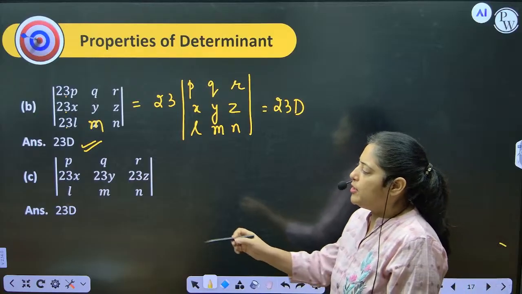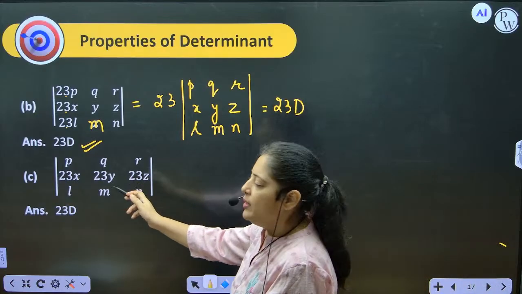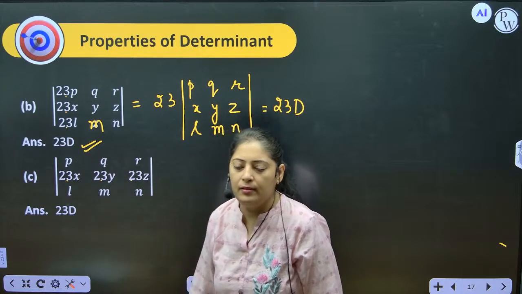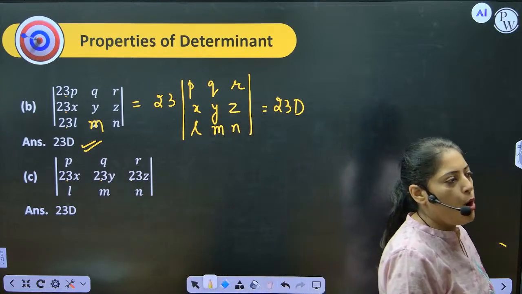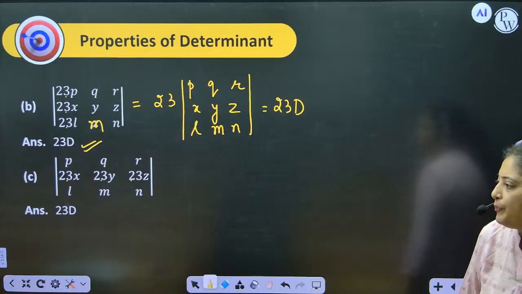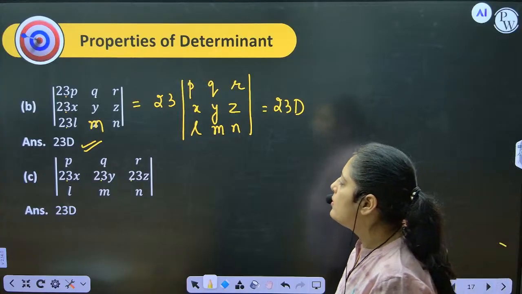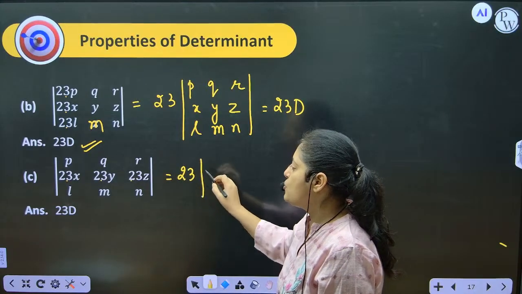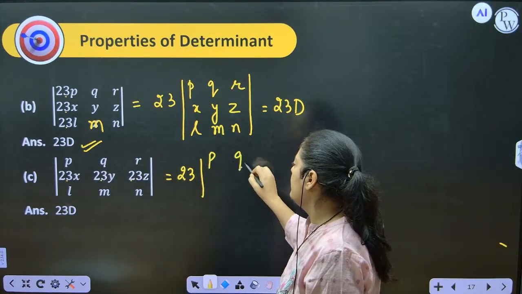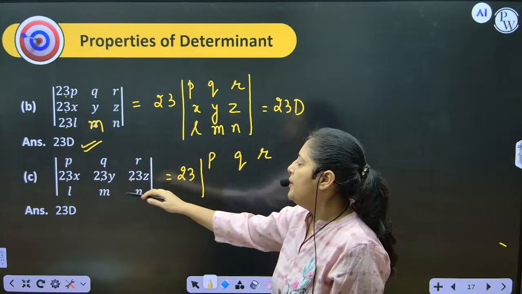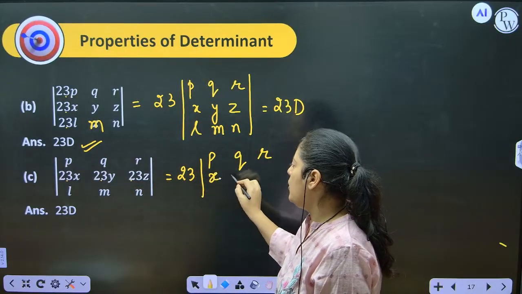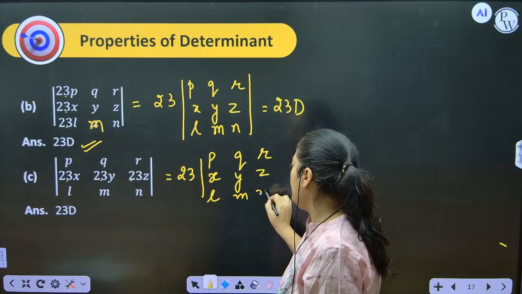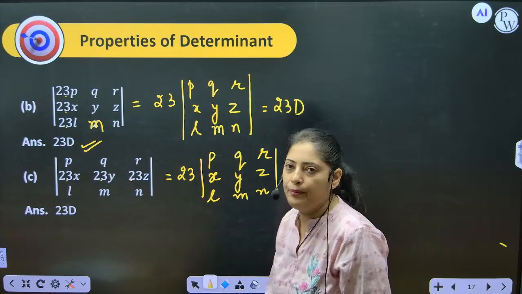Same way as this question, try to do it yourself. 23, 23, 23 I can see. We can take it common. Yes, I said you to solve it, but I am only doing PQR. If 23 I am taking common, X, Y, Z is left. L, M, N is already there.